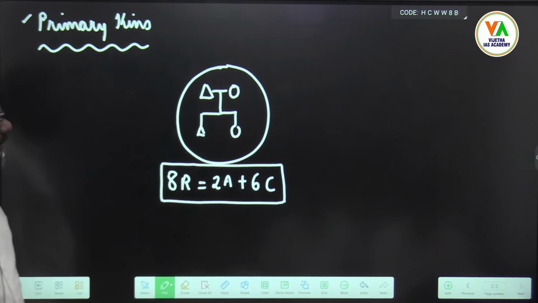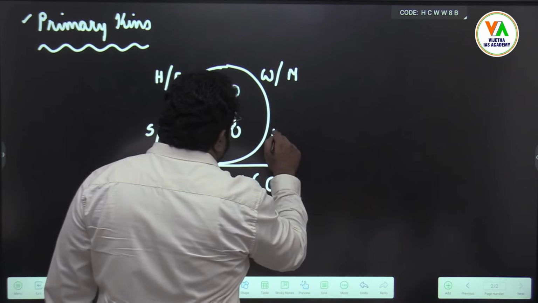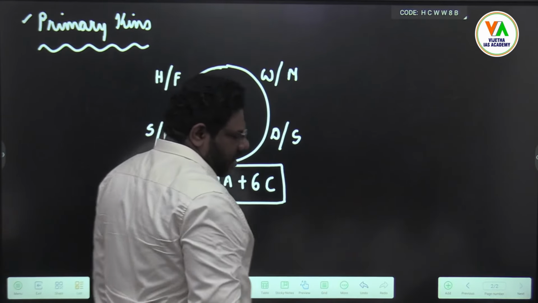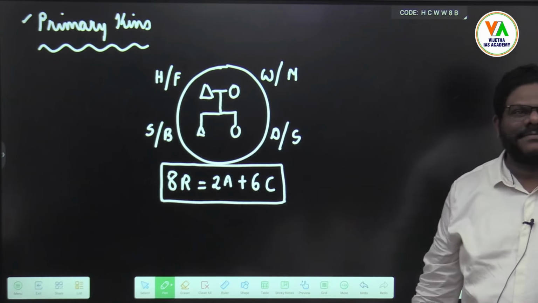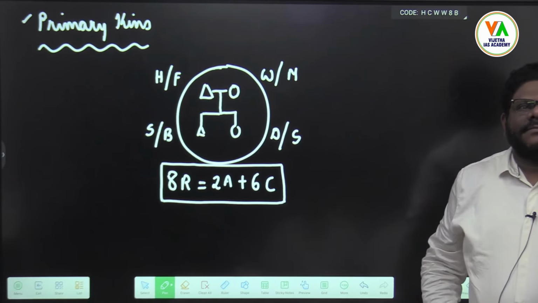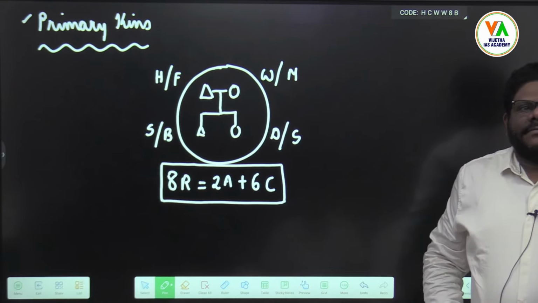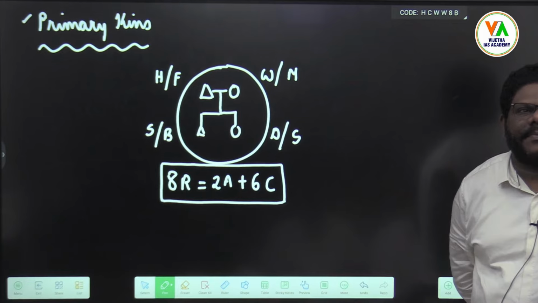If you want to draw this diagram, you can draw. So this person, husband, father, wife, mother, son, brother, daughter, sister. Yes, consanguineal and cognatic are one and the same.